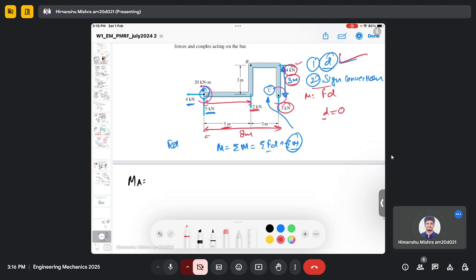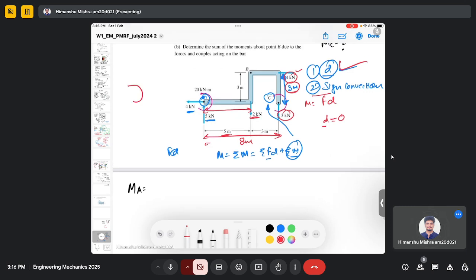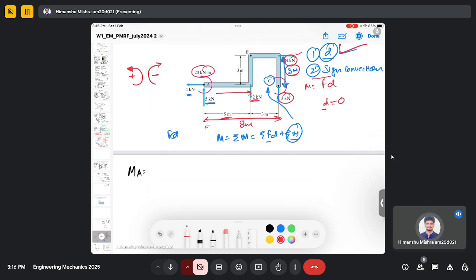Now the second case is to define the sign convention. If I consider anti-clockwise as positive and clockwise as negative, which means that this 20 kilonewton meter movement has a positive sign, so I will write M A equals plus 20.